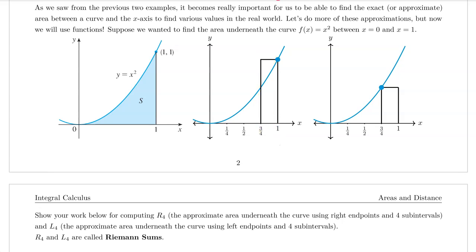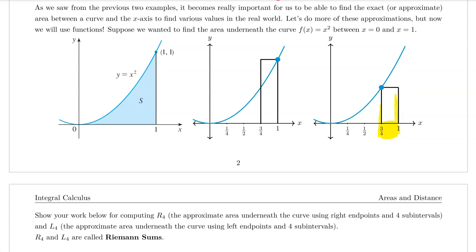And then in the other graph that we have, if I'm looking at a subinterval, the height is dictated by the left endpoint. So in this case, our subinterval is from 3/4 to 1. So its height is dictated by whatever the function value is when we plug in 3/4, and then we're drawing our rectangle that way.